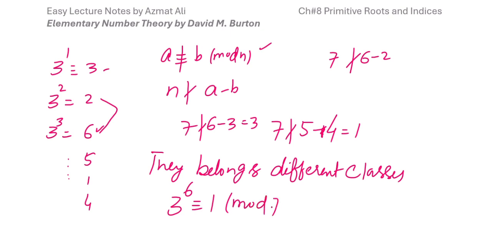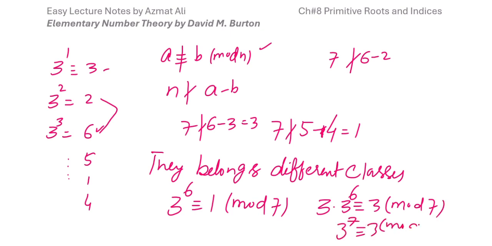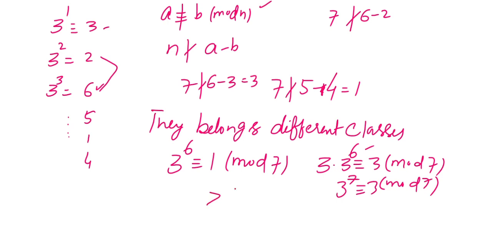If you calculate 3 raised to power 7 by multiplying by 3 on both sides, this becomes 3 raised to power 7 congruent to 3. Now you can observe that after power 6, the powers that you evaluate which are greater than 6 will repeat these answers. So 3 raised to power 7 is equal to 3 here.